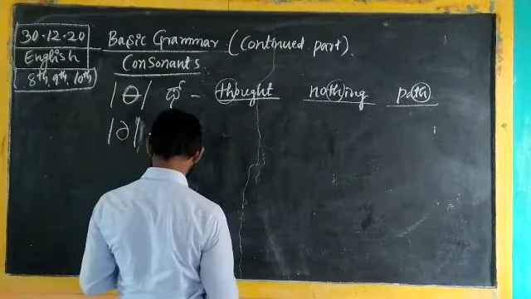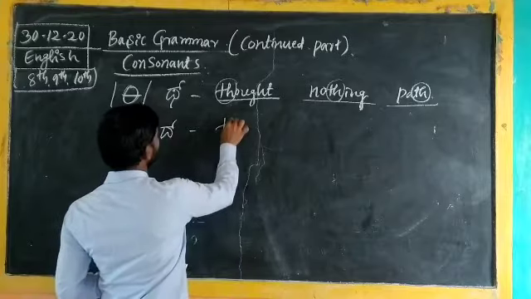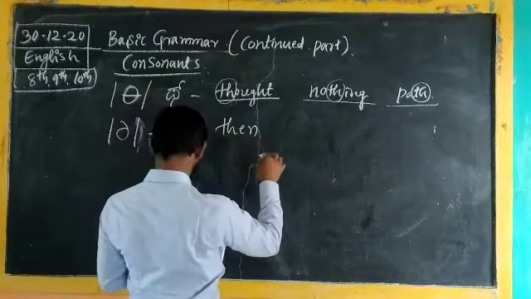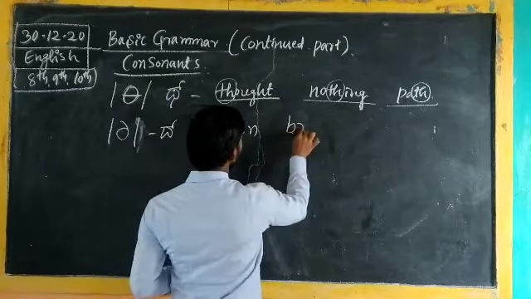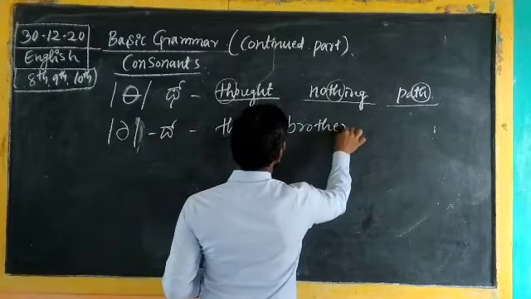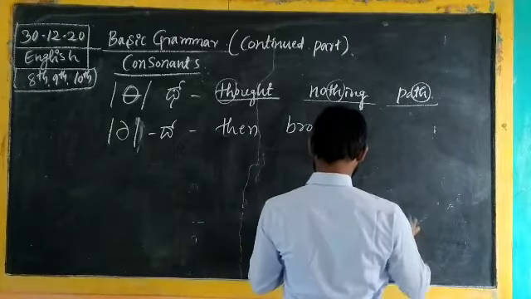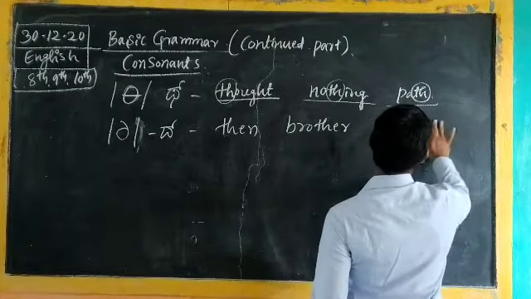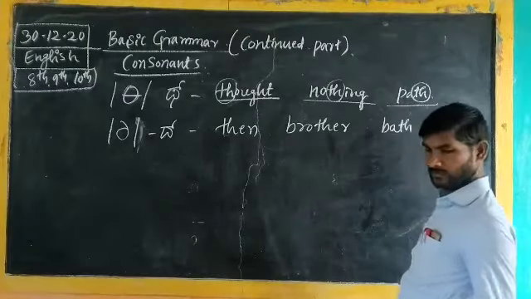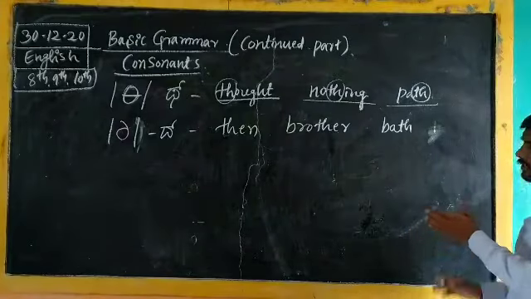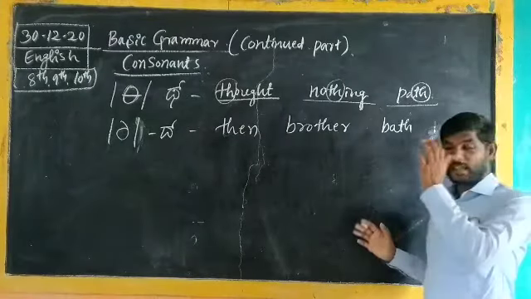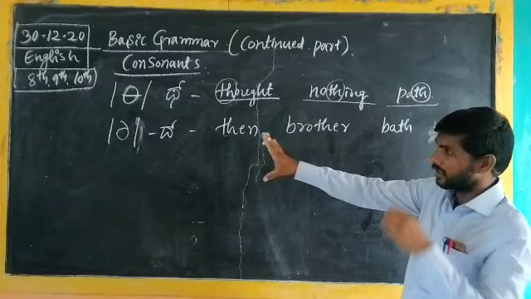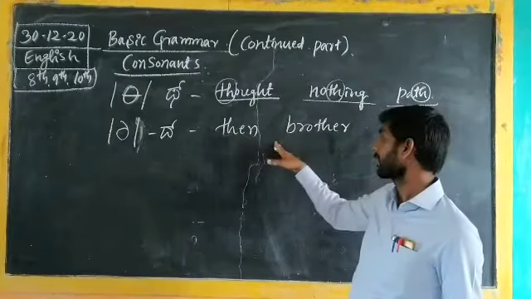Just observe here: then, brother, bath. Just understand. Only three examples. In those three examples, we have to understand this kind of consonant hiding there.